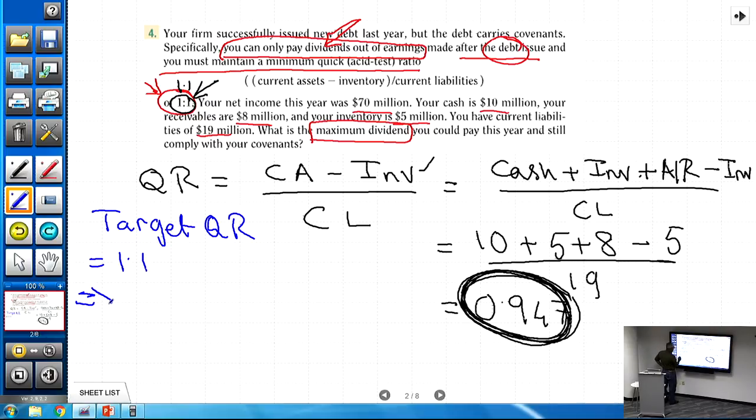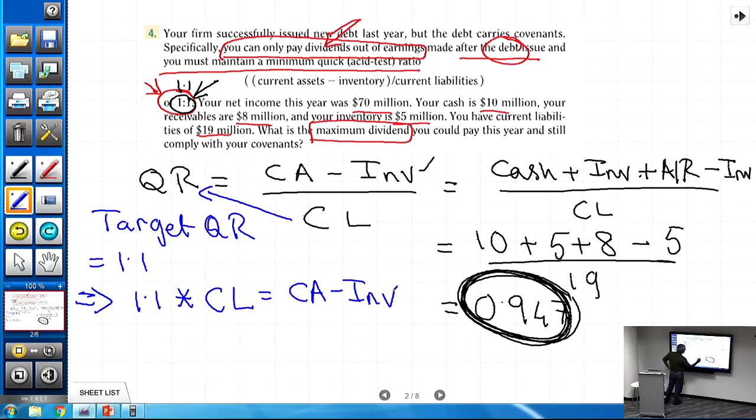This implies that it is 1.1 times current liabilities, essentially I'm multiplying the current liabilities, is equal to current assets minus inventory. So current liabilities is 19, so 1.1 times 19 is 20.9.